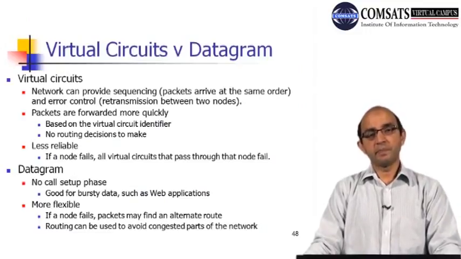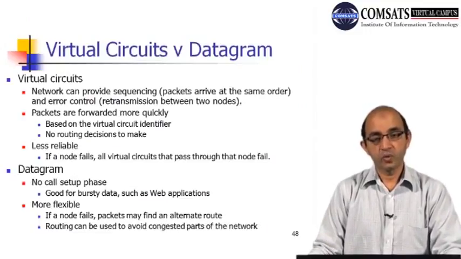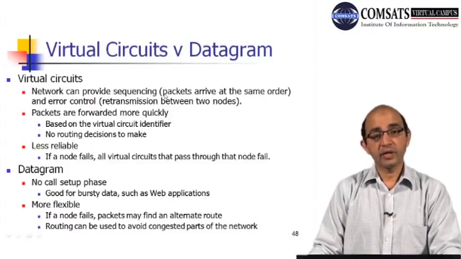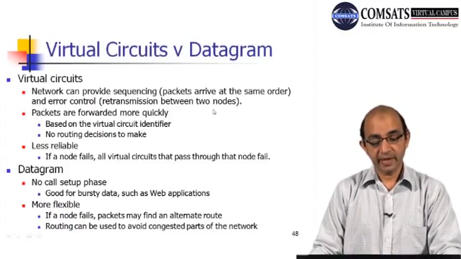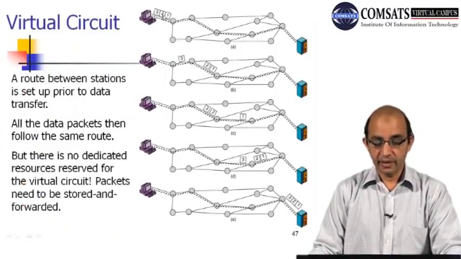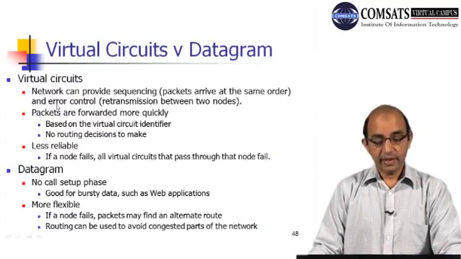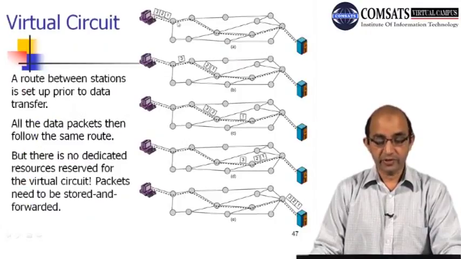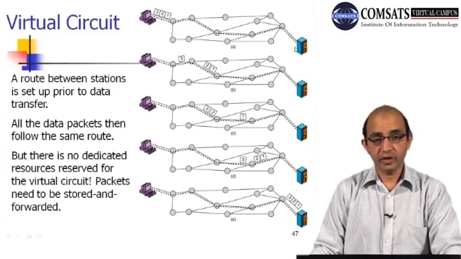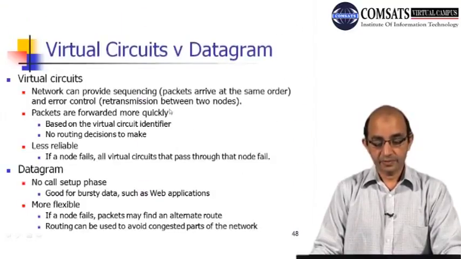So here we have compared virtual circuit versus Datagram. In case of virtual circuit, the network can provide sequencing. Packets arrive in the same order. And for error control, we have error control and retransmission between two nodes, because we have established a virtual circuit between the source and destination. So in case of errors, the packets are easily recovered.